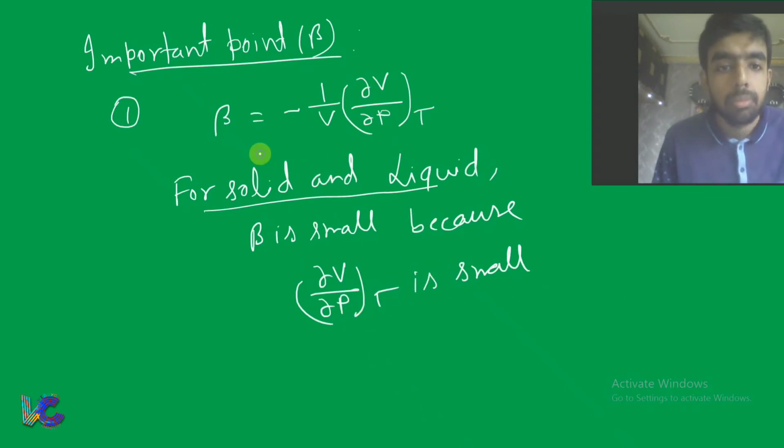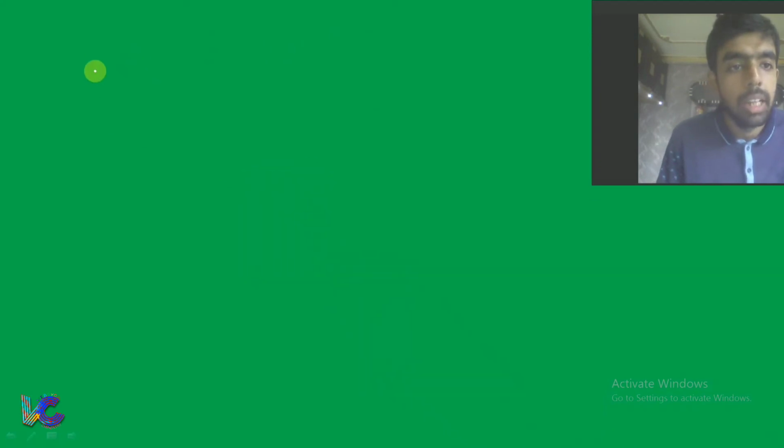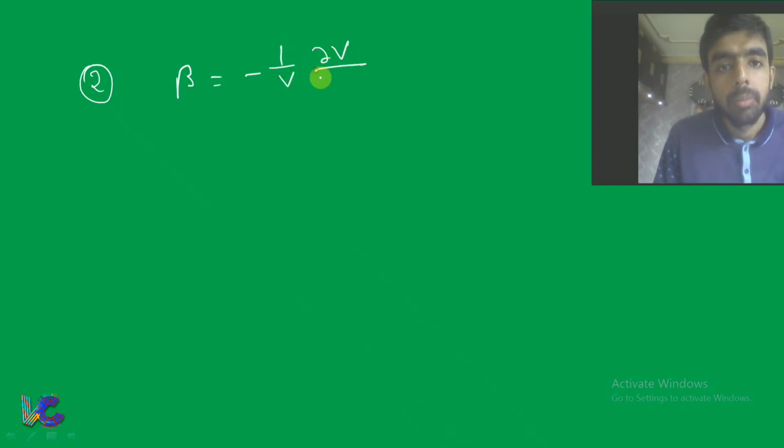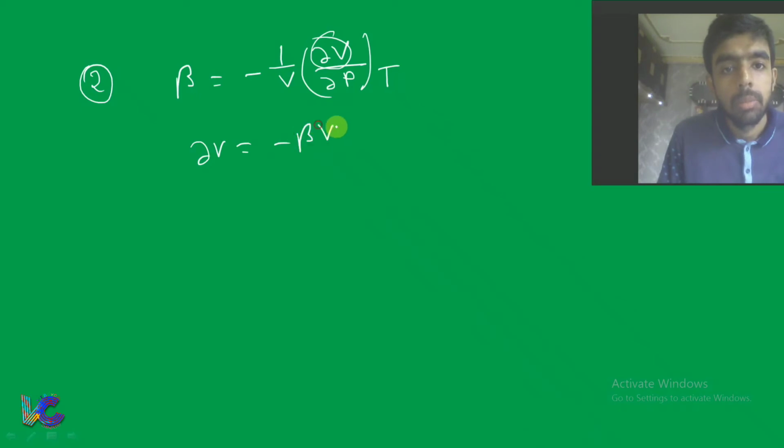Now another importance of beta: you can write beta is equal to minus 1 by V del V by del P at constant T. So you get del V equal to minus beta V del P. The condition is isothermal. Now if you go by the IUPAC nomenclature of work, then work is minus P dV.